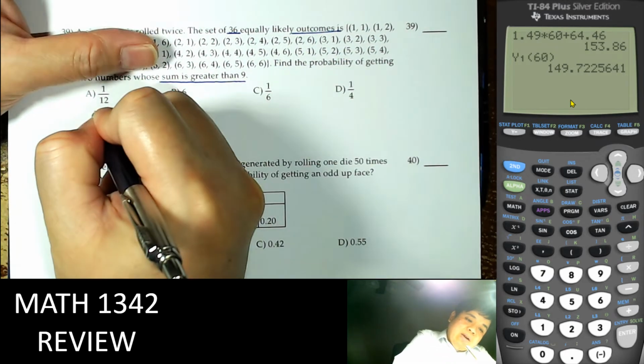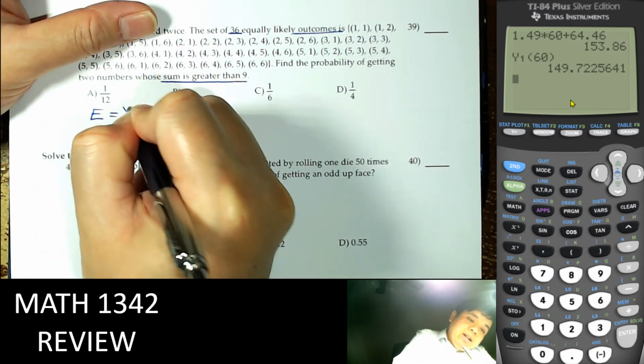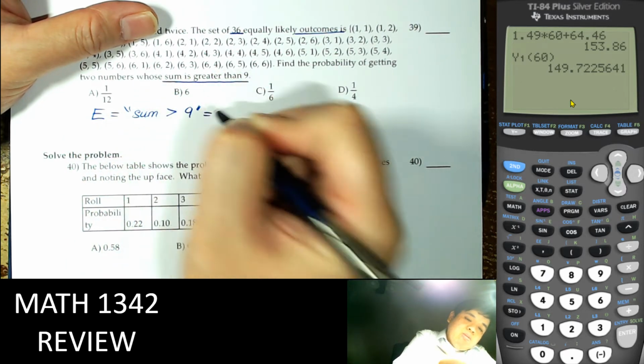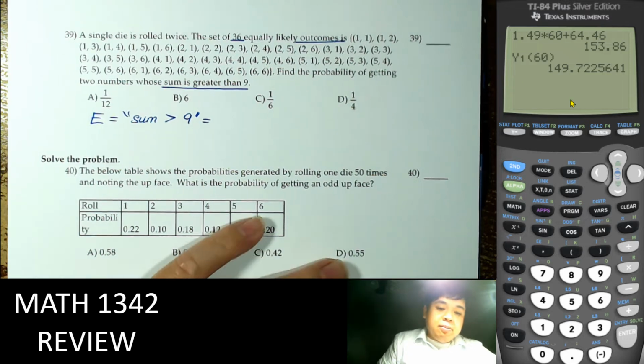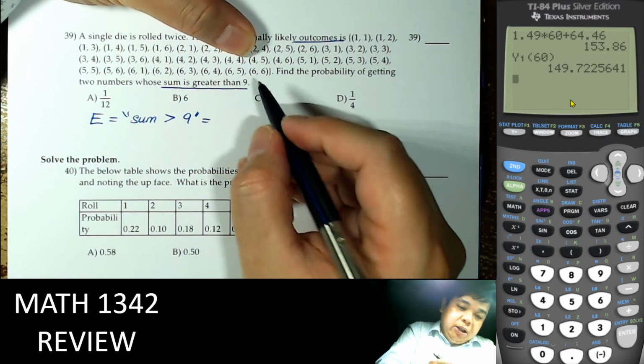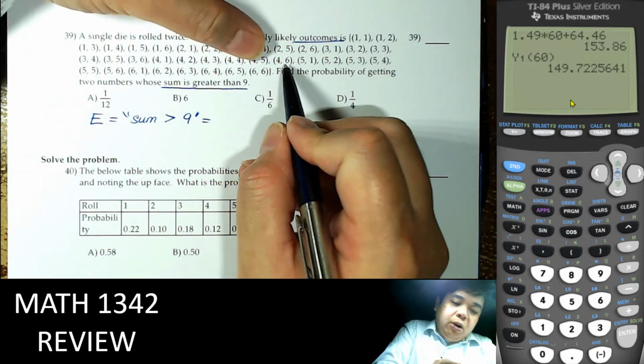So let's just count how many we have of the event where the sum is greater than 9. We can list them, or we can count them. Greater than 9, not equal to.